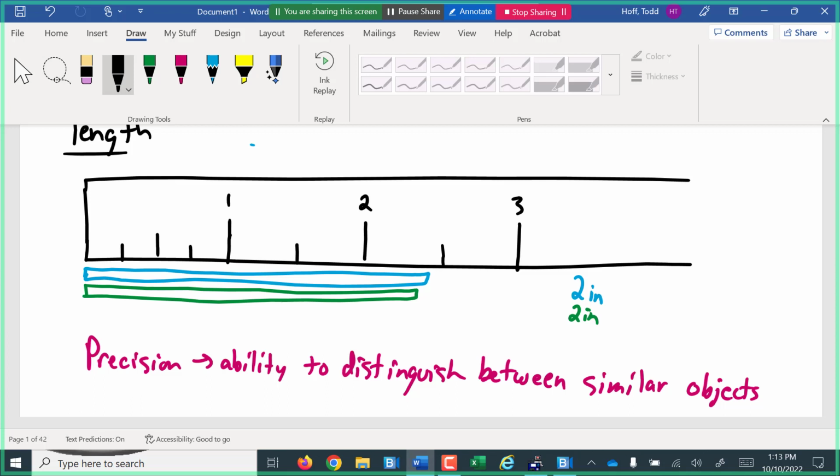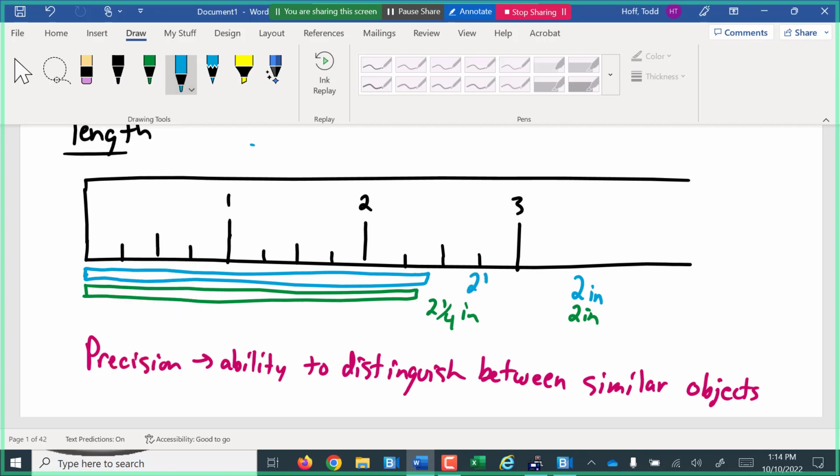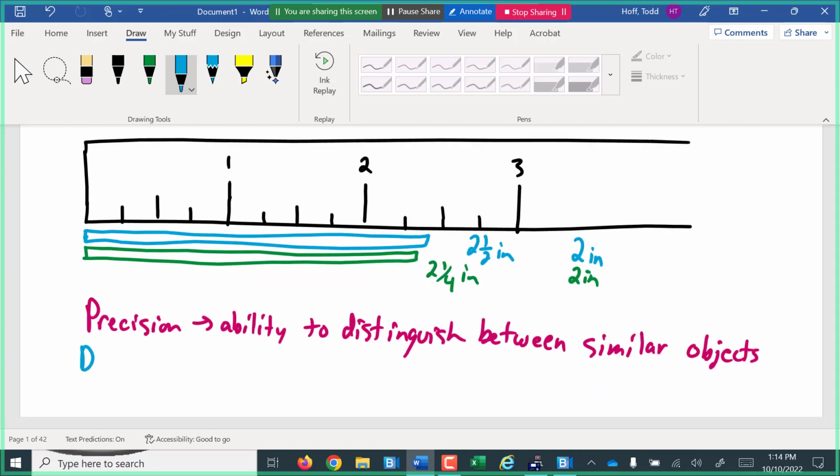So to make it more precise, we'll cut them in half again. We'll go to quarters. And now I would say the green bar is closer to the 2 1/4, while the blue bar is closer to the 2.5. So finally, this measuring device is precise enough to tell the difference. And that is called the degree of precision of the measuring device.